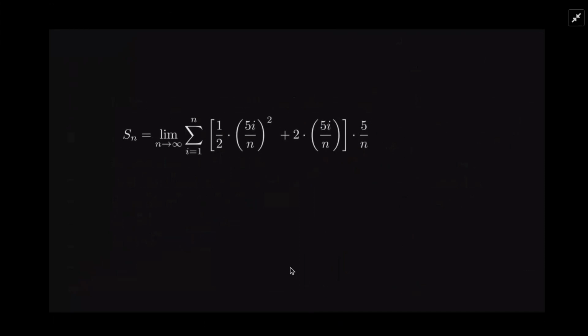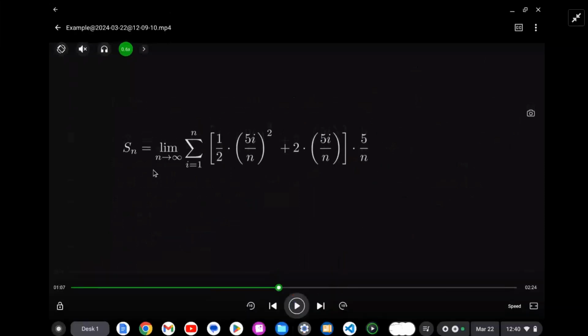As n approaches infinity, the width gets smaller and smaller. The height still follows the function. And this will give us the exact value. This is the height, and this is the width. i goes from 1, the first rectangle, to the nth rectangle.